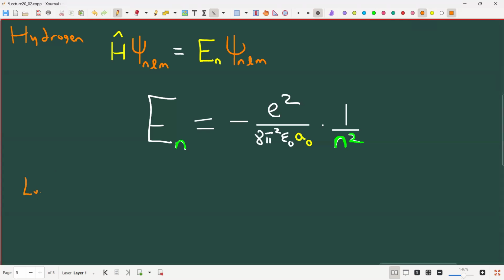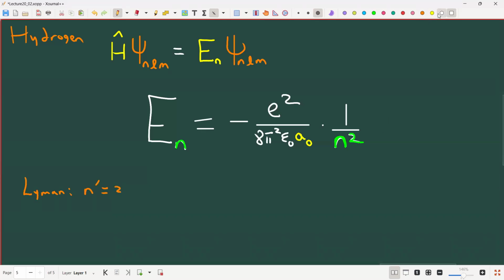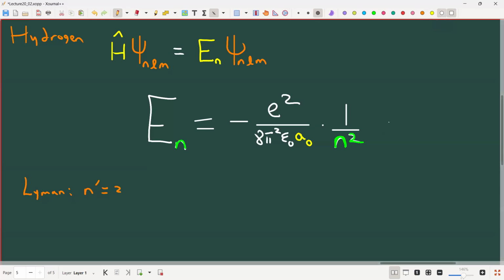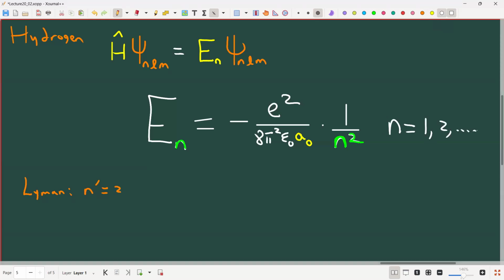Right. So for Lyman, remember that the n number that we use starts at 2. And if we go back to our discussion about the wave functions, remember n starts at 1. So here n can be 1, 2, and so on. Lyman fits things starting at n equals 2. So there's an n equals 1 state that he's not considering, but remember we're doing spectroscopy. So Lyman doesn't know anything about energy levels. He doesn't know that his n corresponds to an energy level.